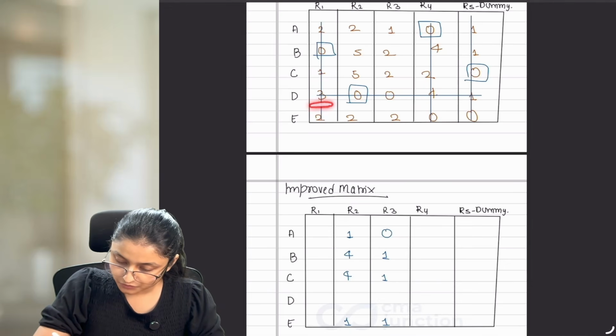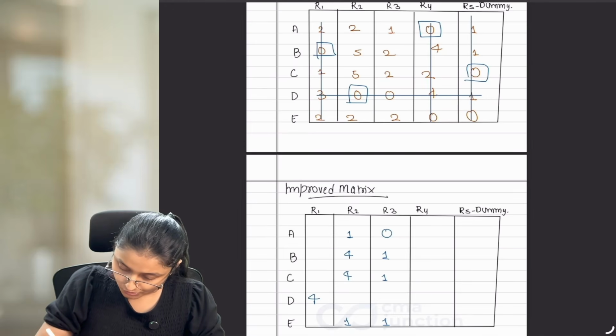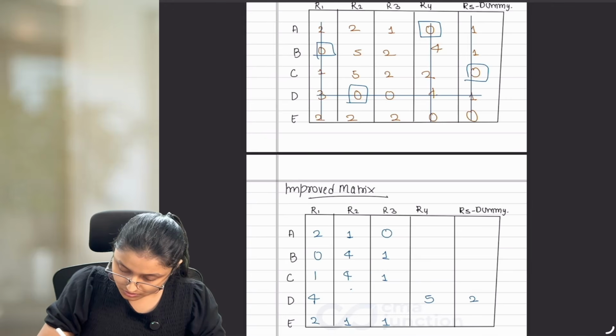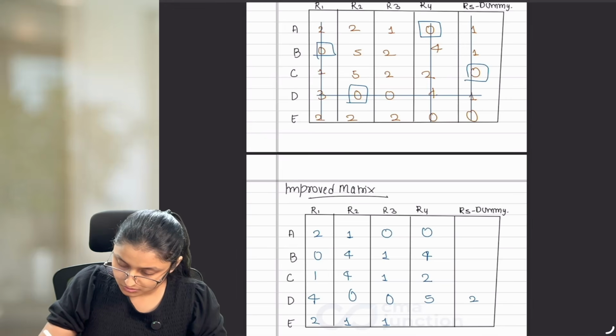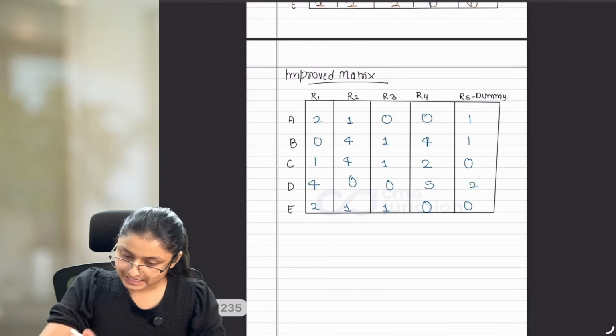So 3 plus 1 is 4. 4 plus 1 is 5. 1 plus 1 is 2. 4, 5 and 2. 2 0 1 2. 0 0 0 4 2. 1 1 0 0 0. Done. After doing this, this is our improved matrix.